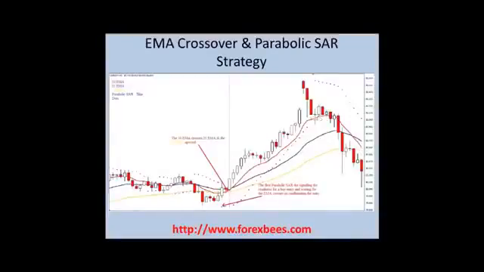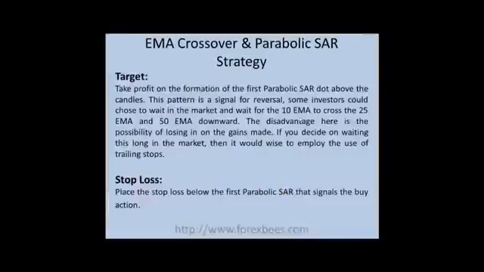But if you exit at this point where the first parabolic SAR dot formed above the candlestick, you can get this much profit. So it really depends on you whether you want to exit when the first opposite parabolic SAR dot forms, or wait until the 10 EMA crosses the 25 EMA and 50 EMA. It is really up to you.